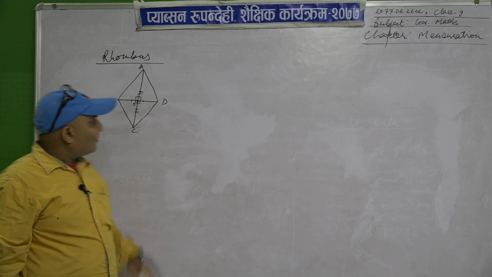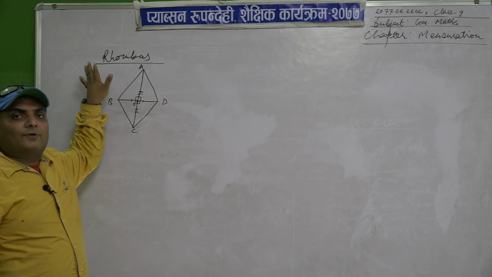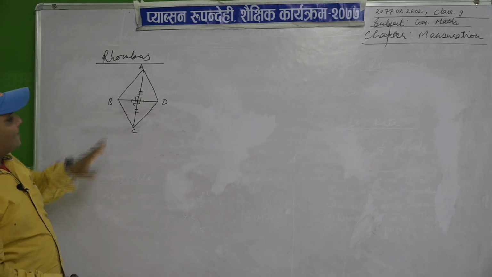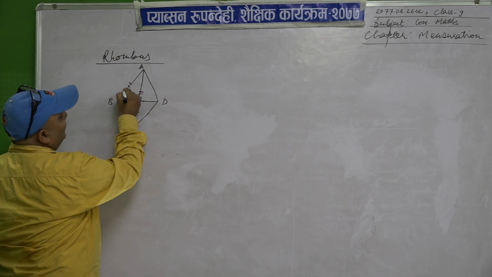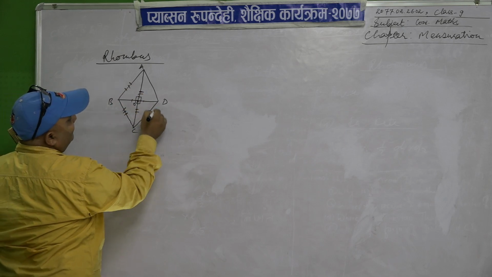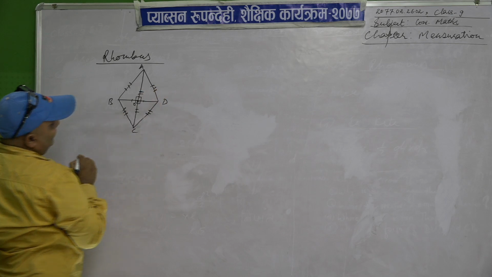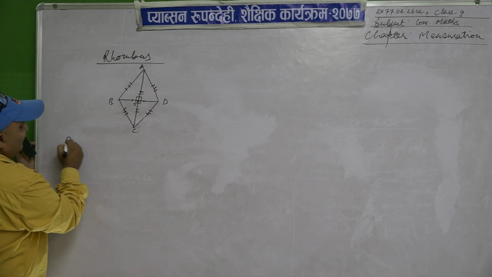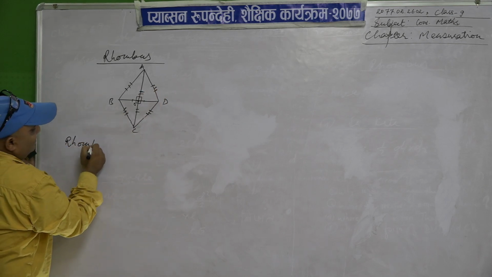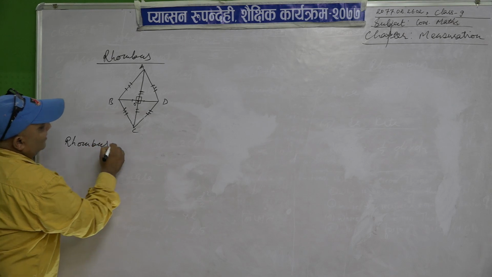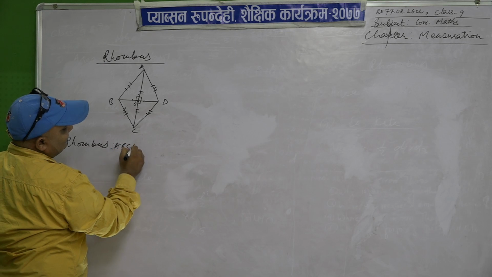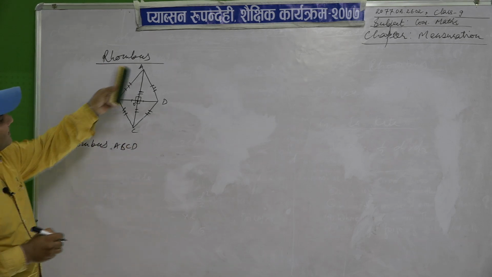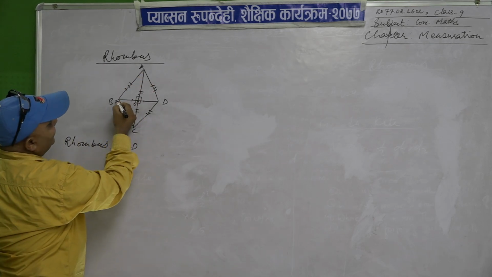We are going to find out the area of rhombus. This is the figure of rhombus, and all these sides are equal. See here, rhombus ABCD. If we divide this rhombus ABCD, we get two parts.